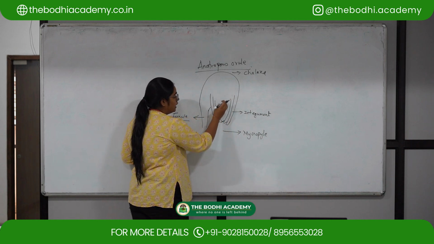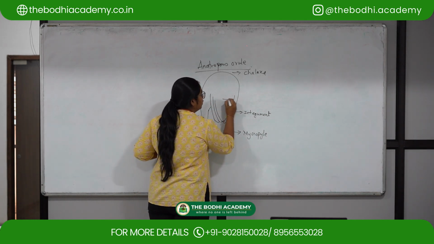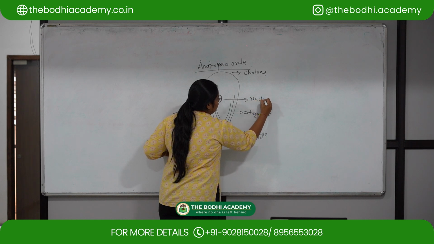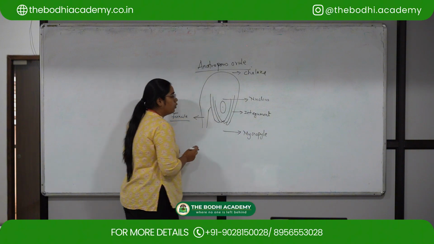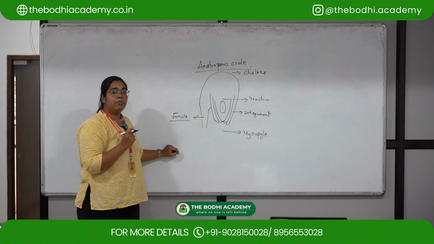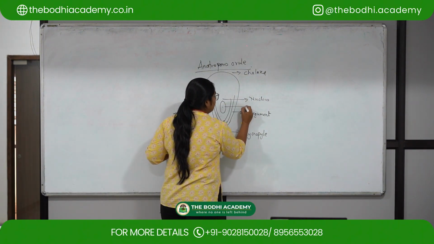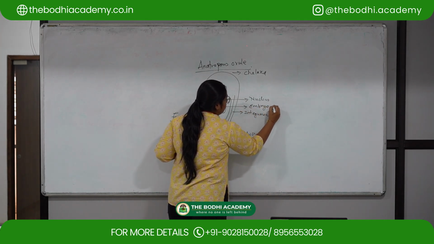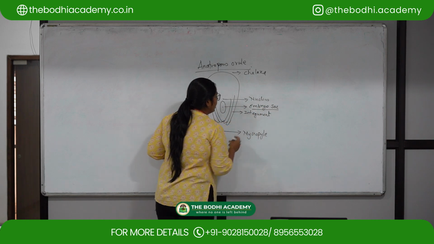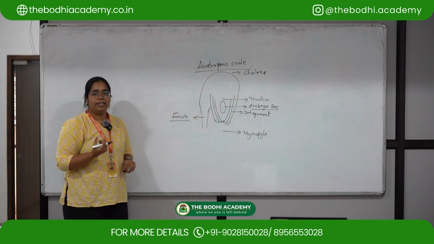Then there is a tissue in the center called the nucellus. And then in the center of the ovule there is an embryo sac which helps in the process of fertilization. Embryo sac acts as a female gametophyte.